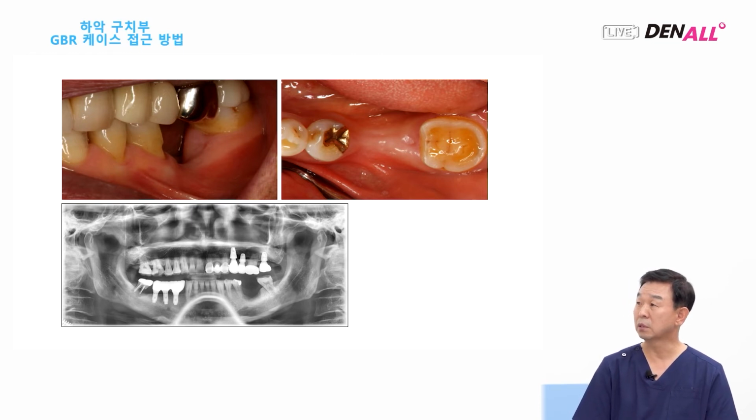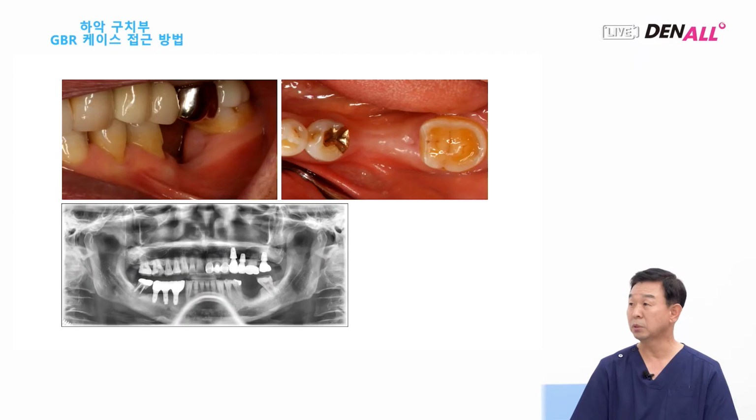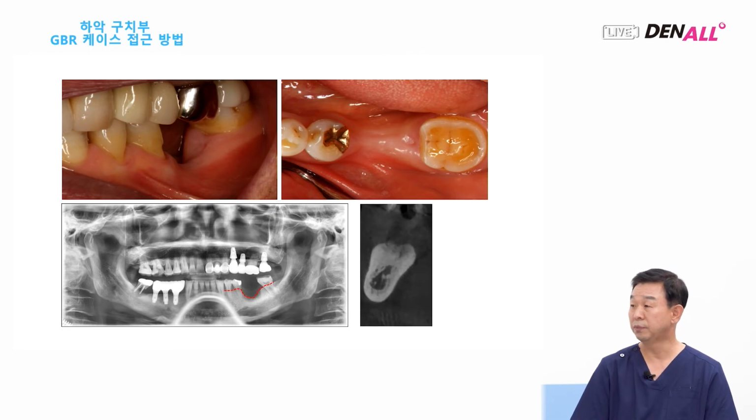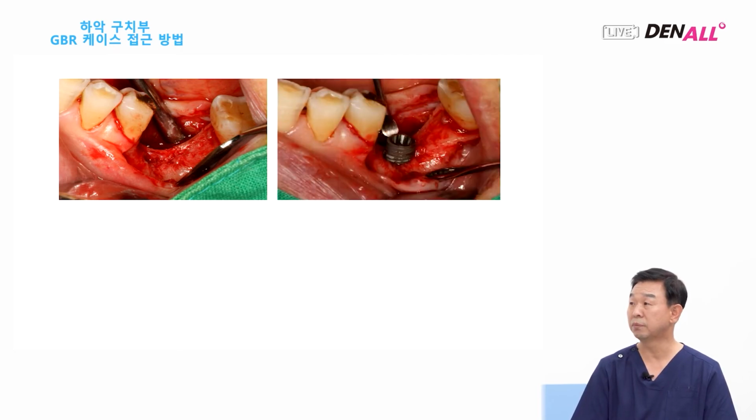The key point of using the smart builder is that we need to check the biotype. If it is very thin, or the patient is a heavy smoker, that can be opened. So here you can see the defect. In the intraoral picture, the alveolar bone is vertically depressed quite seriously.